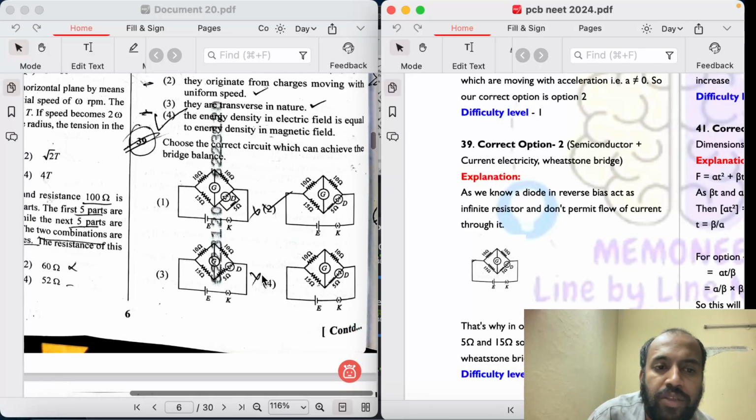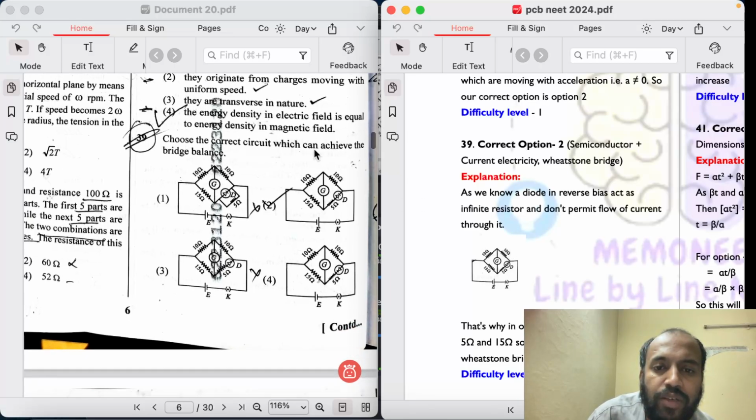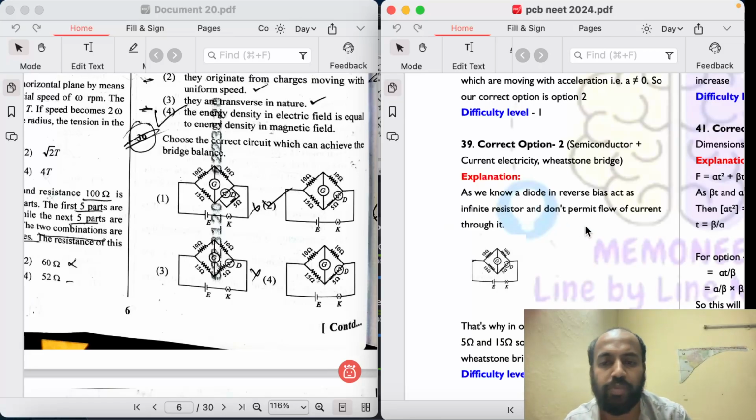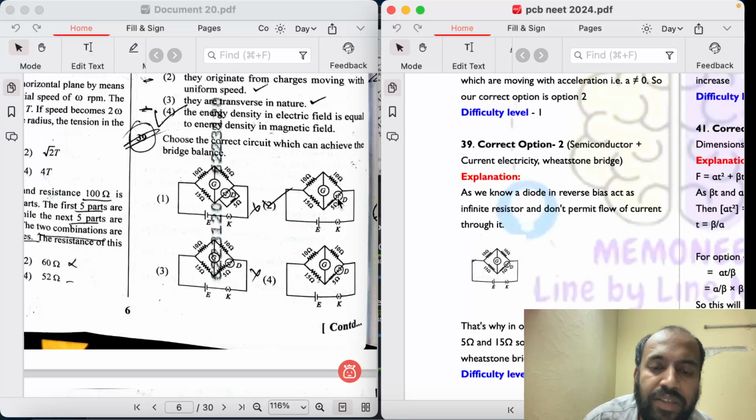Let's look into question number 39. Choose the correct circuit which can achieve the bridge balance. In case of bridge balance, it means that there would be no current flowing through the galvanometer G. So it's basically coming under the Wheatstone bridge principle. If you look here, this is a diode where we are connecting the negative terminal to the positive terminal, and this positive terminal is obviously connected to the negative terminal.